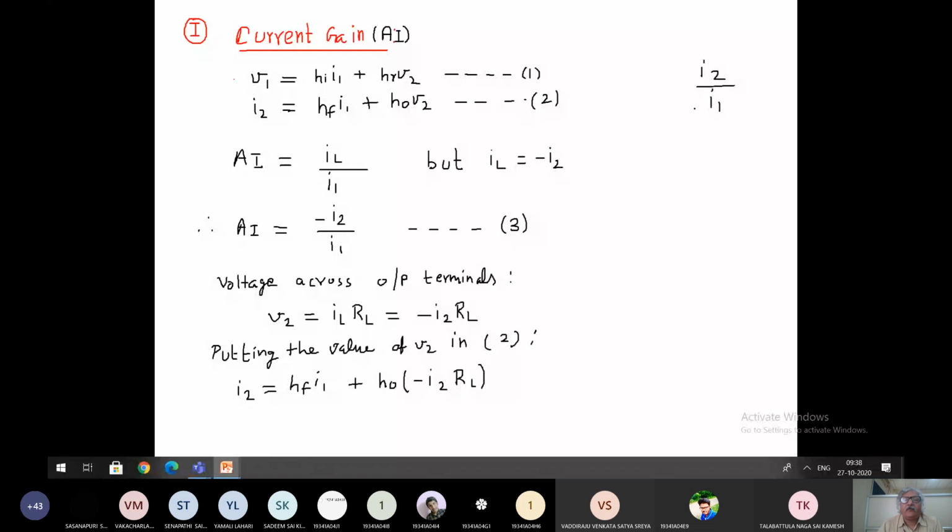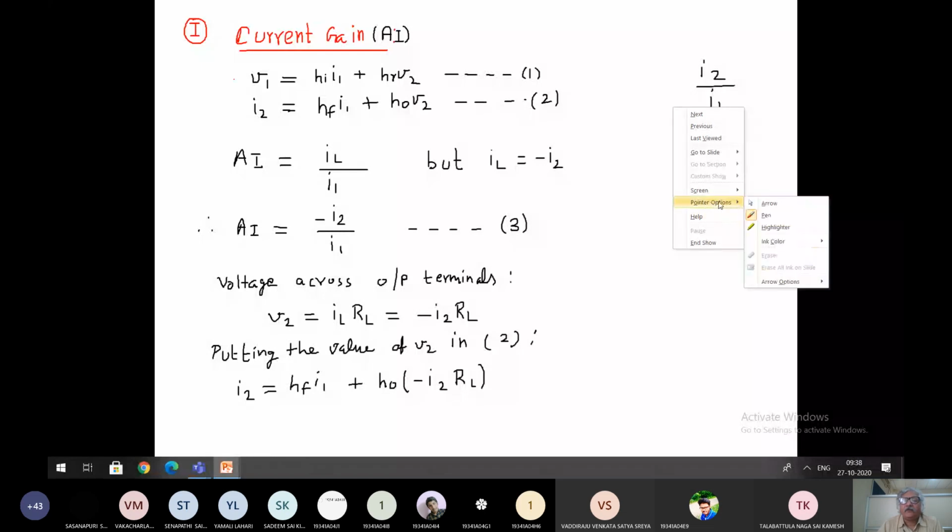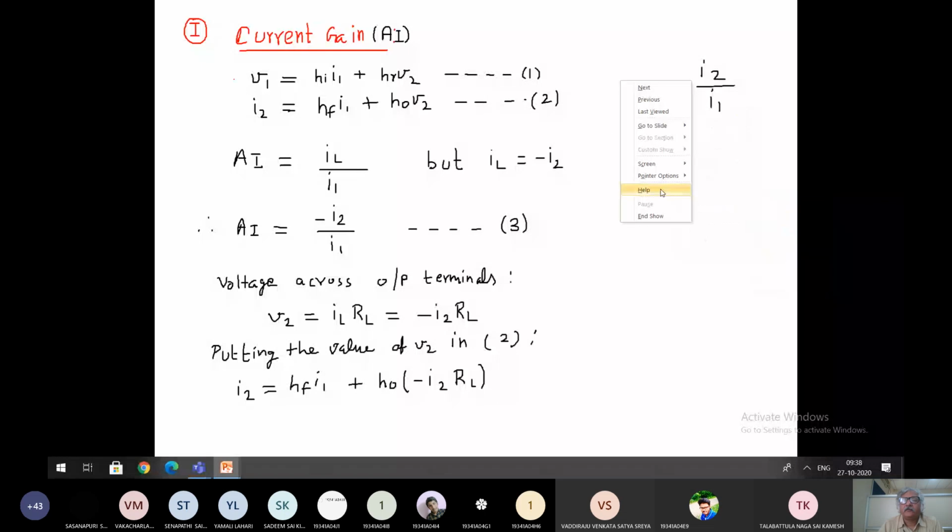So, see, basically what we need is input resistance. Input resistance means we need V1 by I1. This expression we require, V1 by I1.